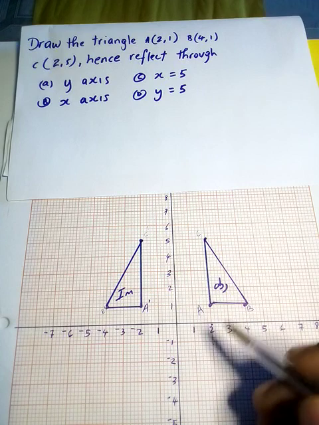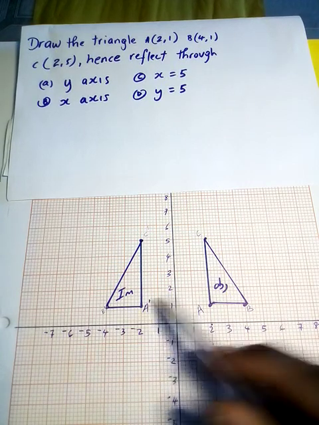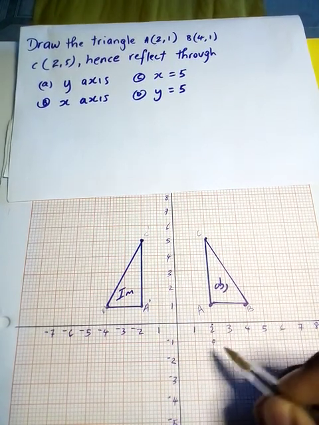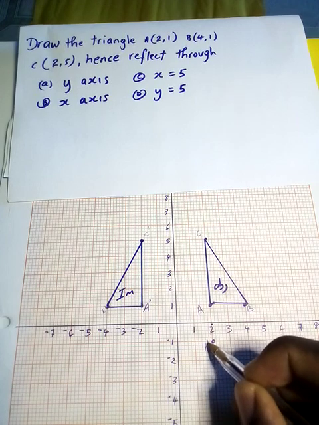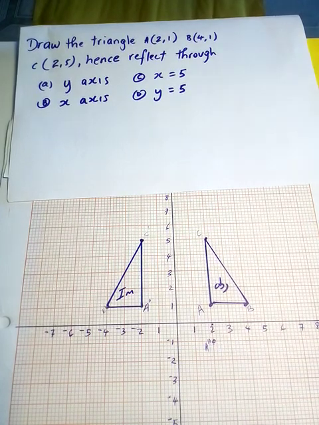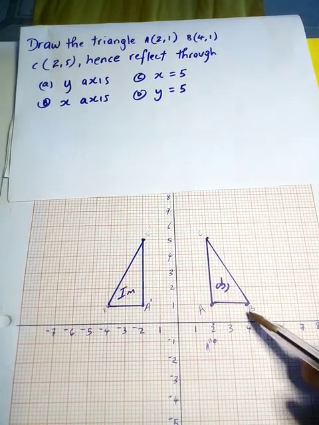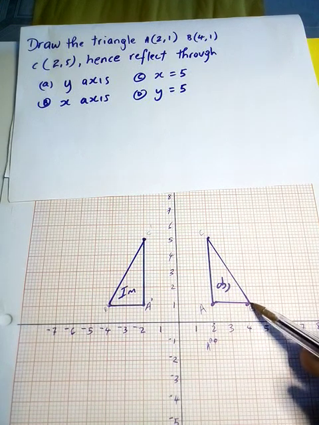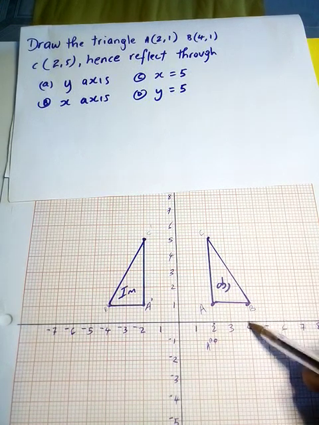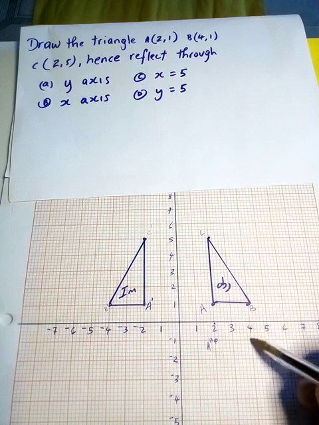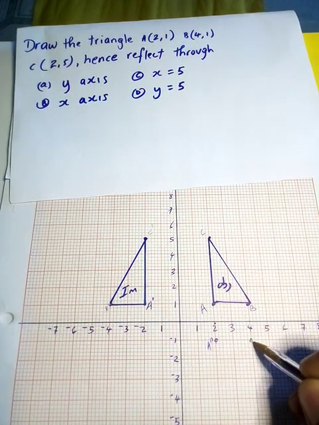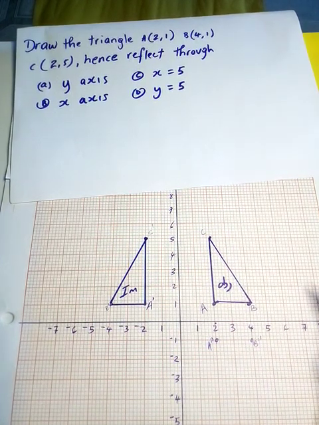A prime prime, double prime, so you put 2 strokes, will fall here. How far is B from the axis or the mirror line? It's 1 space, so we move 1 space. That means the point should be here. So this would be B prime prime.